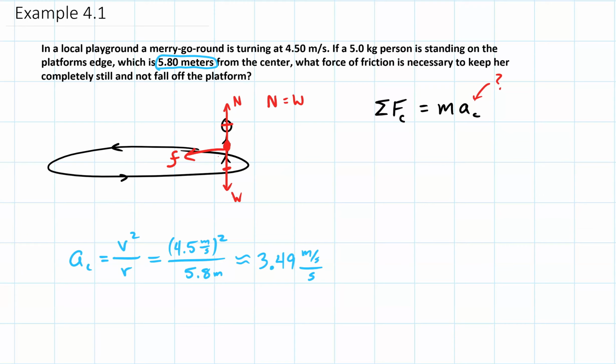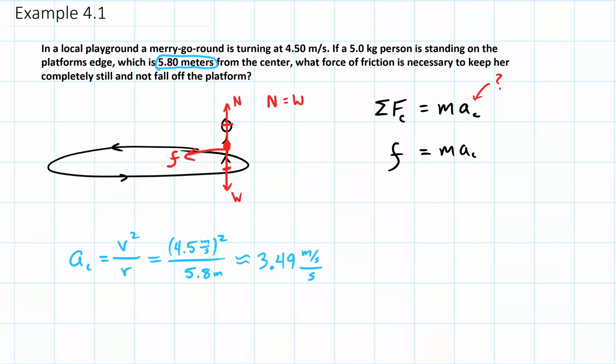Now we come back up to our force equation, because we're trying to solve for the friction force. The only force causing the net force in the centripetal direction is friction, and when you look at your force diagram, we only have that one force. So the force of friction is equal to mass times the centripetal acceleration.